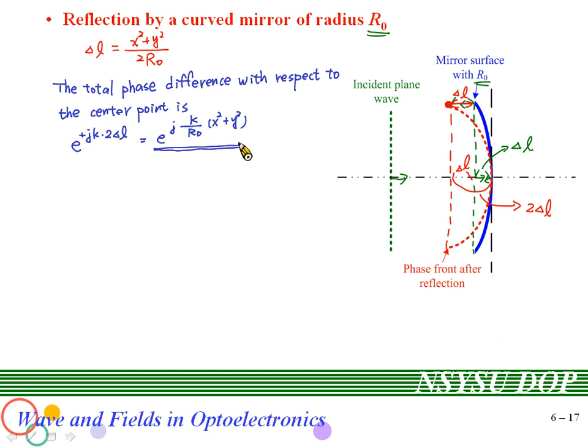According to this phase contribution, let's see. For a Gaussian beam reflected by this curved mirror, after the reflection, the phase term can also be written in this way. The radius of the phase front curvature will become r prime.